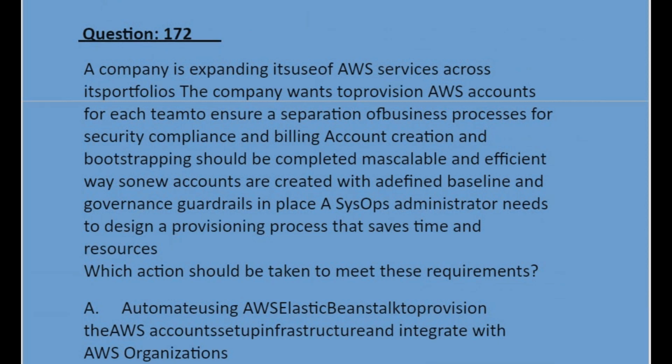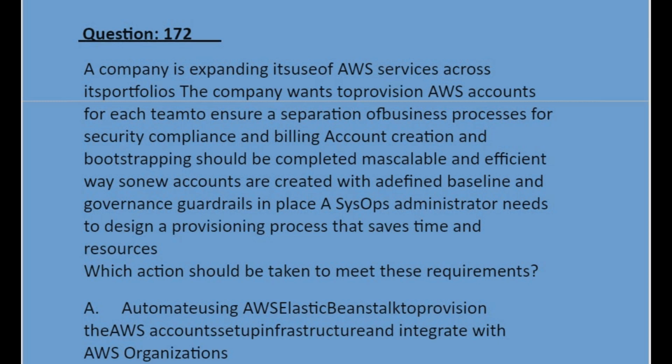Question is, a company is expanding its use of AWS services across its portfolios. The company wants to provision AWS accounts for each team to ensure a separation of business processes for security compliance and billing.